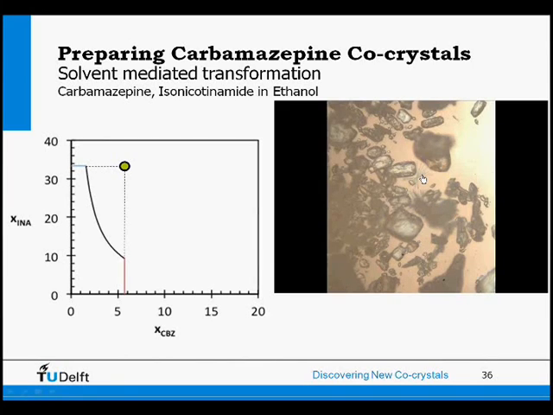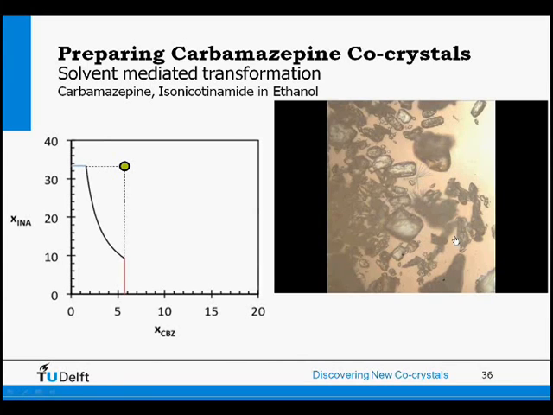So what I saw in this movie was that these needles grow out. So these are the co-crystals, and the other crystals disappear. But at some point also these needle crystals start to dissolve, and other crystals pop up somewhere else in this view.